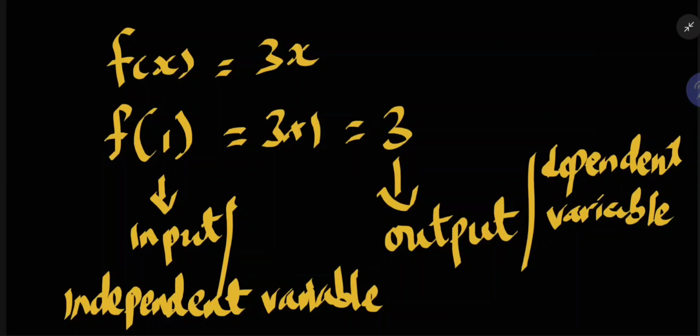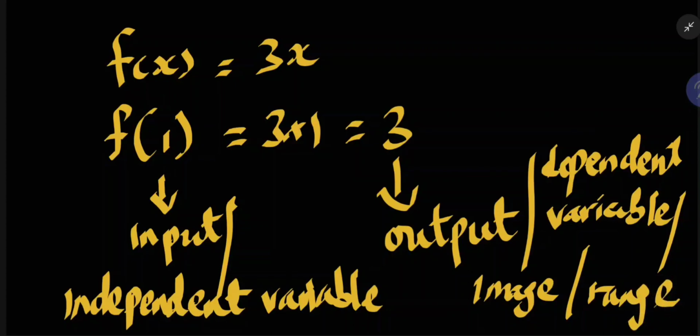That's why it's called the dependent variable. Also, our output can be called the image or range, and an input can also be called an element of the domain. I'll be talking about that in the next slide.